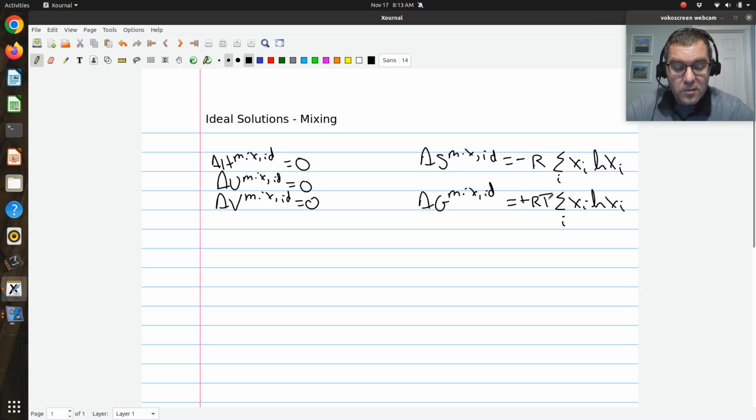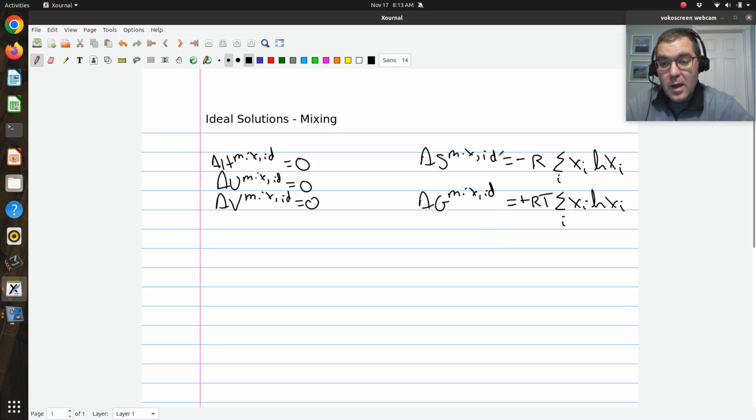So delta G of mixing is always going to be less than or equal to 0. For my ideal solution, x_i is less than 1, log x_i is negative, so I have a positive sign here, and RT has the same units as G. So there are my property changes upon mixing of an ideal solution.